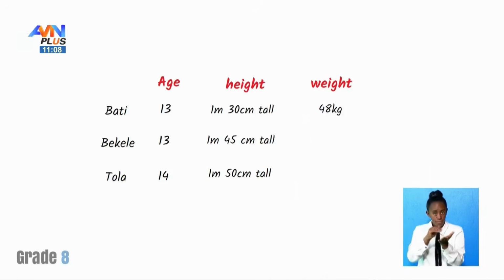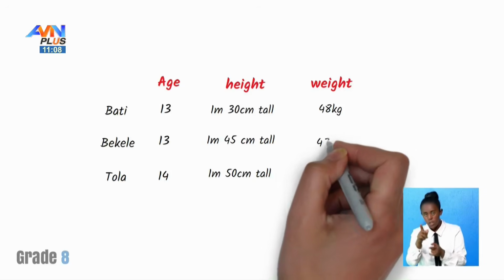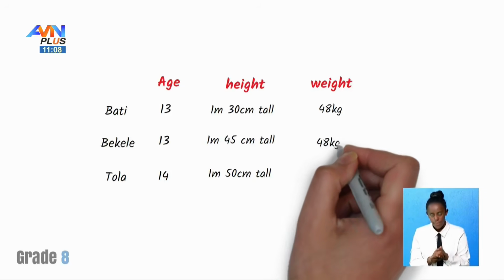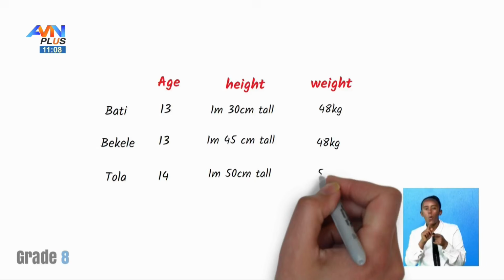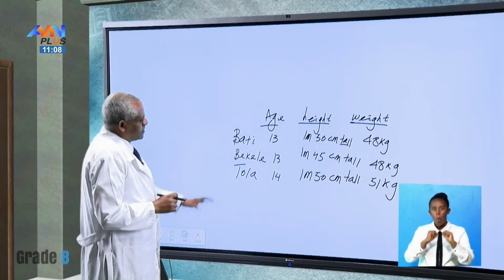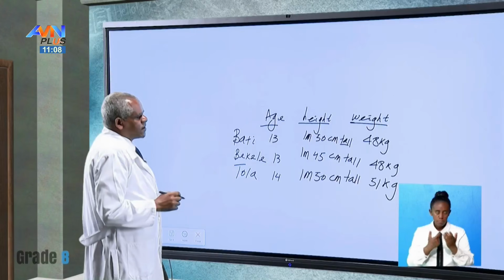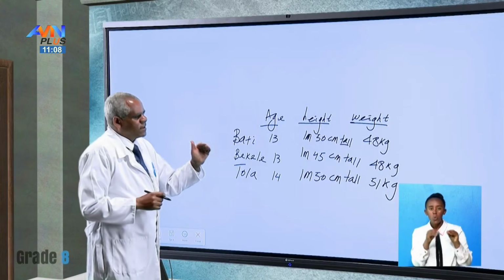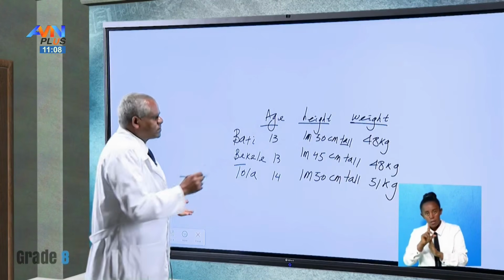Again here now 48 kilogram. Here now 51 kilogram. Now let's go and compare this table of the students according to their age, height, weight.